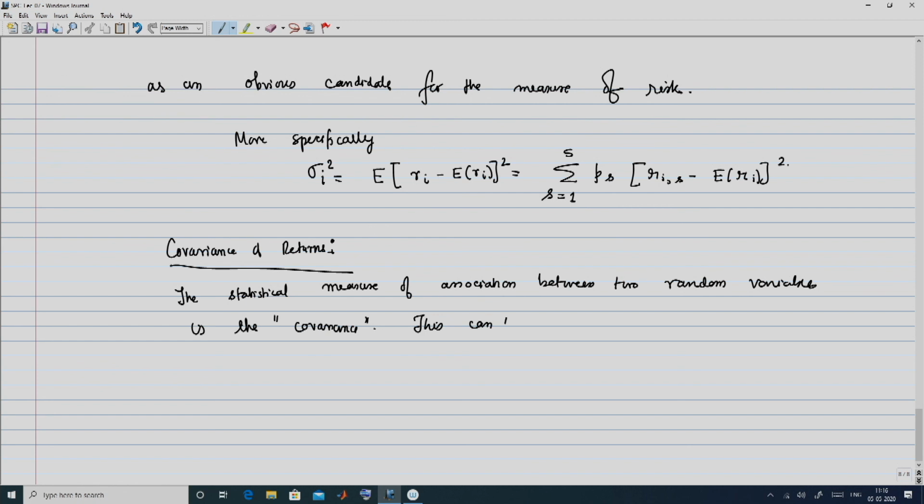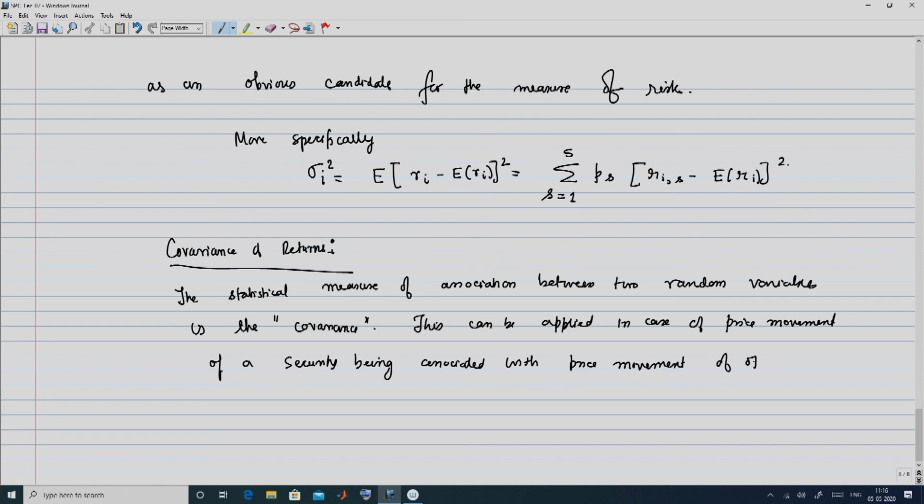This can be applied in case of price movement of a security being associated with price movement of other securities.